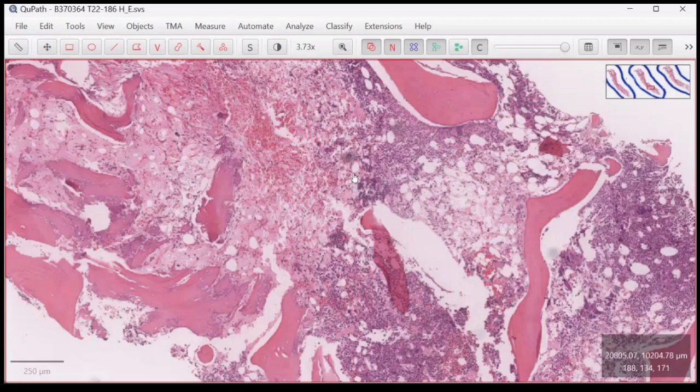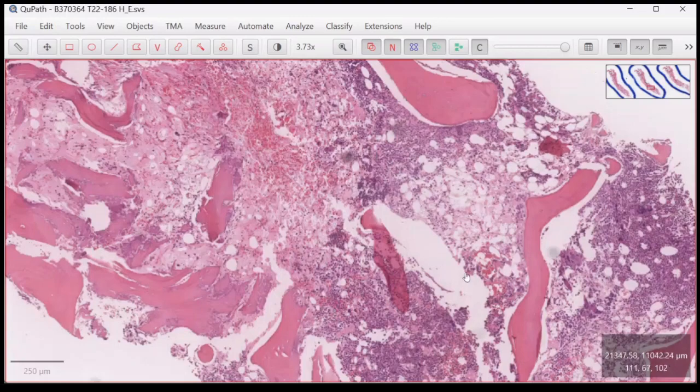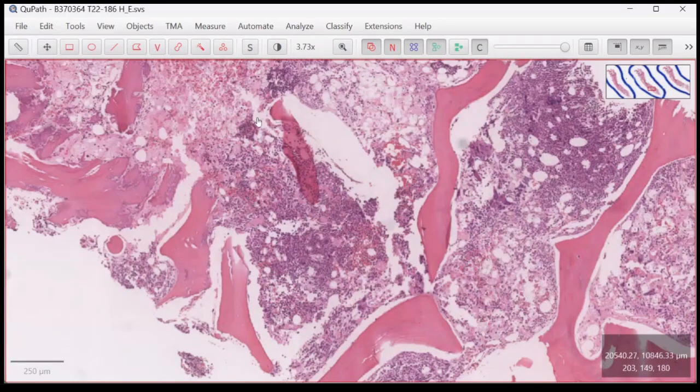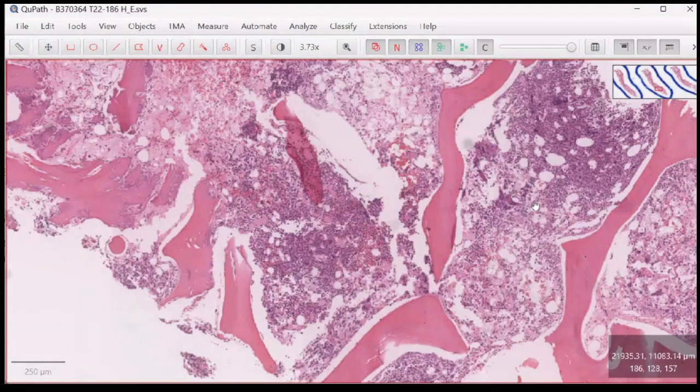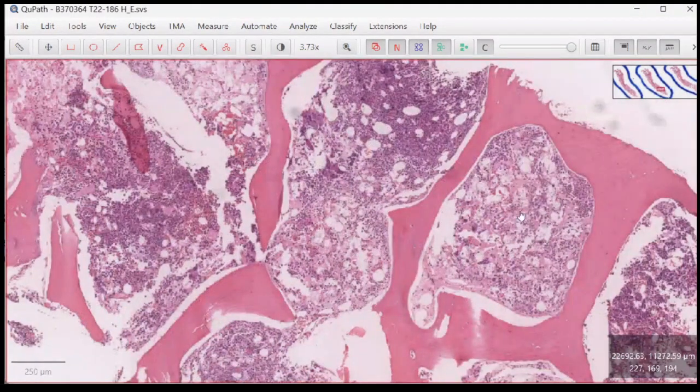This is in chronology, in step changes. After this, marrow regeneration starts with the presence of scattered erythroid colonies. Then appearance of the new normal fat spaces, followed by granulopoiesis.